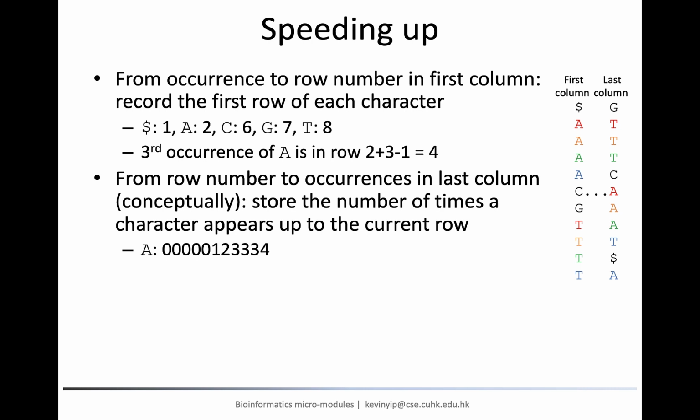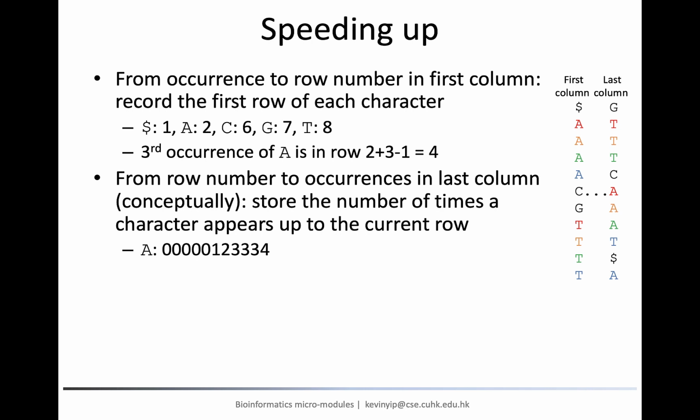Similarly, since the second, third, fourth, and fifth rows are all not A in the last column, we have encountered A 0 times up to the fifth row. The first occurrence of A is in the sixth row, and therefore up to this row, we have encountered A 1 time, and so on.